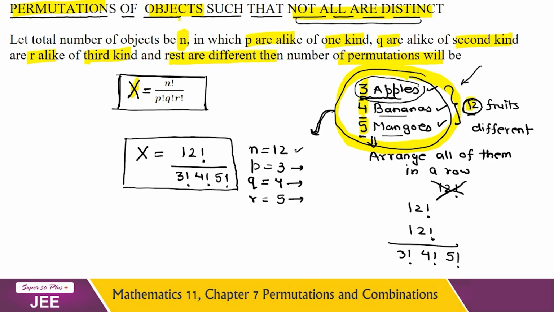This is quite interesting. Why is it happening? First thing we are observing is that our answer is coming out to be less than 12 factorial. It is not equal to 12 factorial first of all. Secondly, it is coming out to be less than 12 factorial. Now why is it happening? Let us understand.